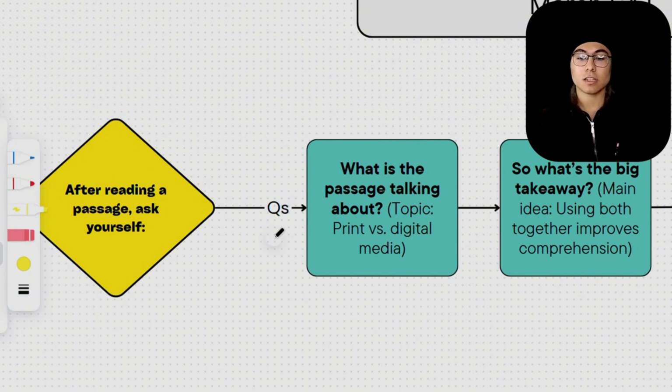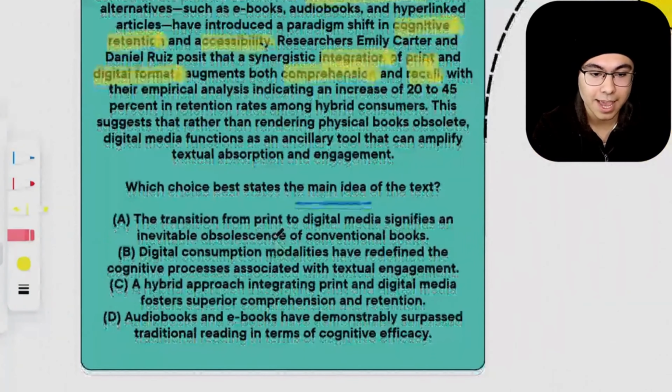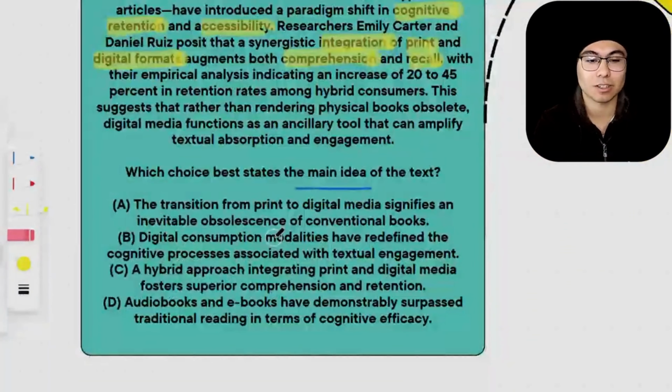In this case, which is the main idea, using both print and digital formats together improves comprehension. So using both is really good. Now we can go to the answer choices and choose the right answer.